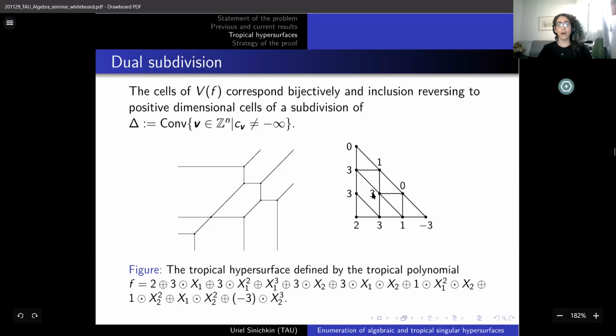And the points of the subdivision do not correspond to anything in the hypersurface. They correspond to connected components of the complement. Okay, so they also have some correspondence, and we use this, but it's not in the hypersurface. And this is very, very useful.